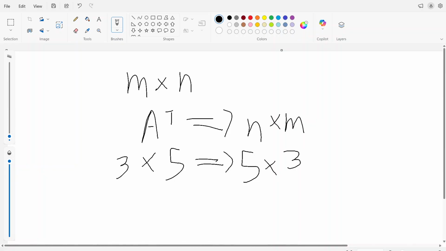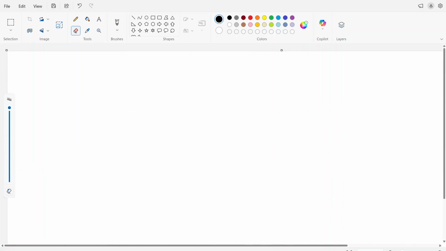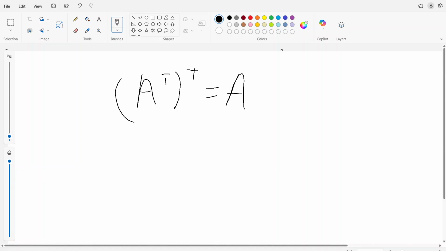The numbers themselves don't change, only their positions change. The eighth thing is the double transpose. If you transpose twice, you get the original matrix back. So (A^T)^T just equals the original matrix A. Think of it like flipping something twice: it ends up where it started.